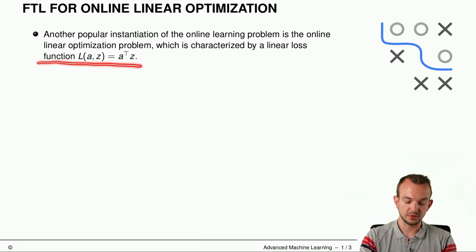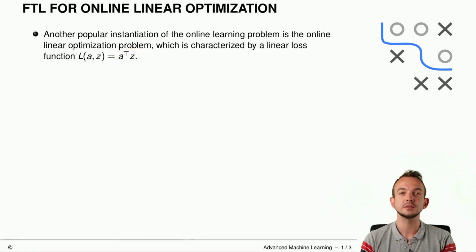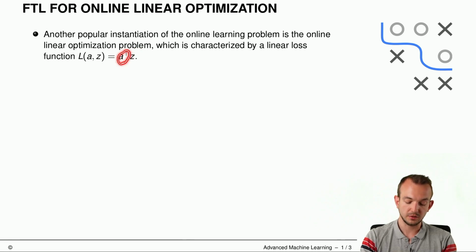Namely, the loss function is a linear loss function in the sense that a pair of action and environmental data points are mapped to their inner product, so A transpose Z. So you see why this is called a linear loss, because it's linear in the action component, but also linear in the environmental data point component.